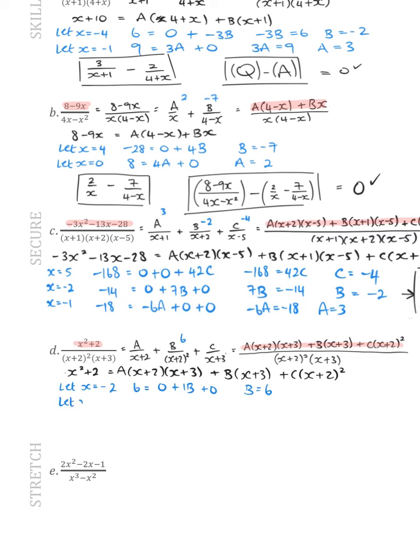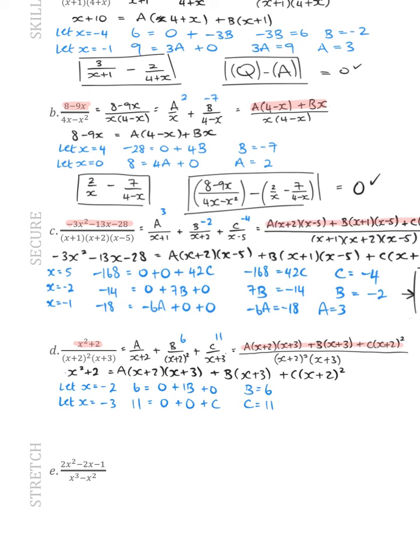Then minus 3. Store that for x, go back up. 11 equals a still equals 0, b still equals 0, and c is x plus 2 all squared. So c equals 11.